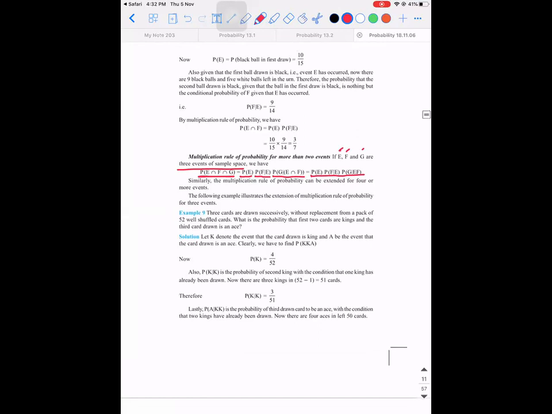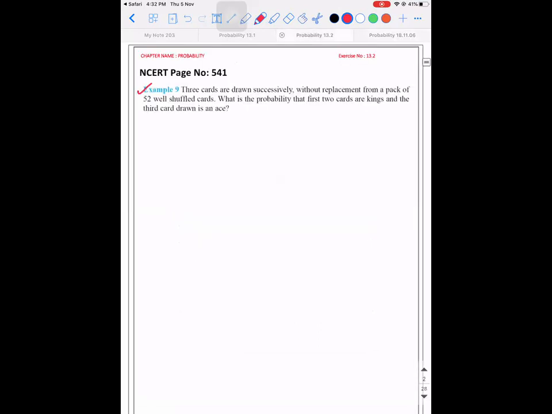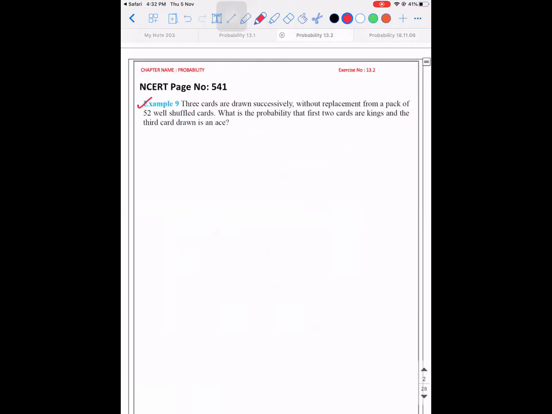I hope you have written it. Now see, how many events are there here? What is the probability that the first 2 cards are kings and the third card drawn is an ace? So they are asking the probability of king intersection king intersection ace.